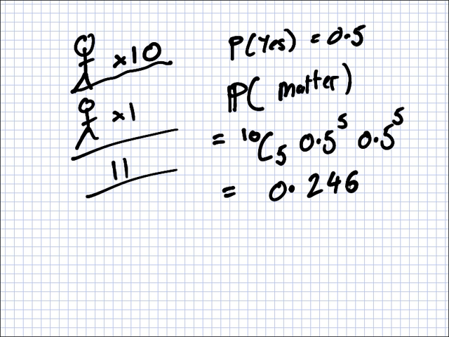So now we get a little bit more interesting. Your vote may make a difference. How often will it make a difference in this situation? 24.6% of the time. So about 25% of the time your vote will make a difference. Now, somebody can bribe you. They can give you some money here. You want to know what's a good amount of money to give. So it depends on how much a yes is worth.